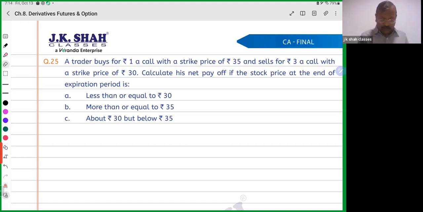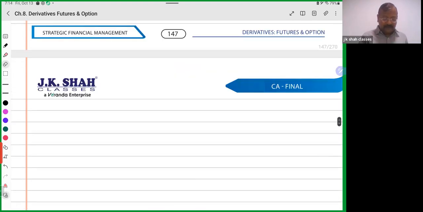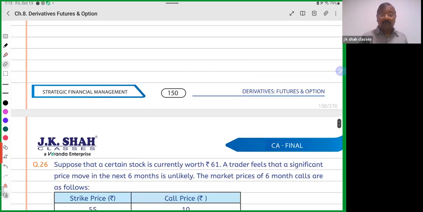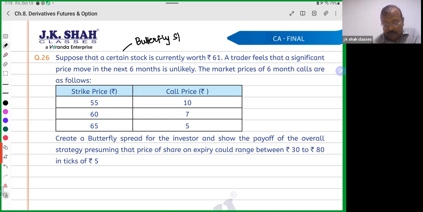Okay, sure. Now, question number 26 is, if anyone else is facing issues with Zoom, let me know. Now, question number 26 is what we call a problem on butterfly spread.